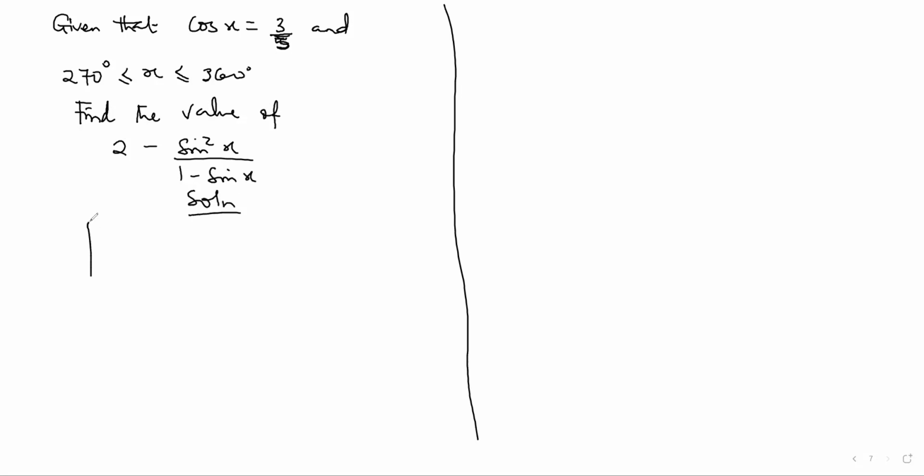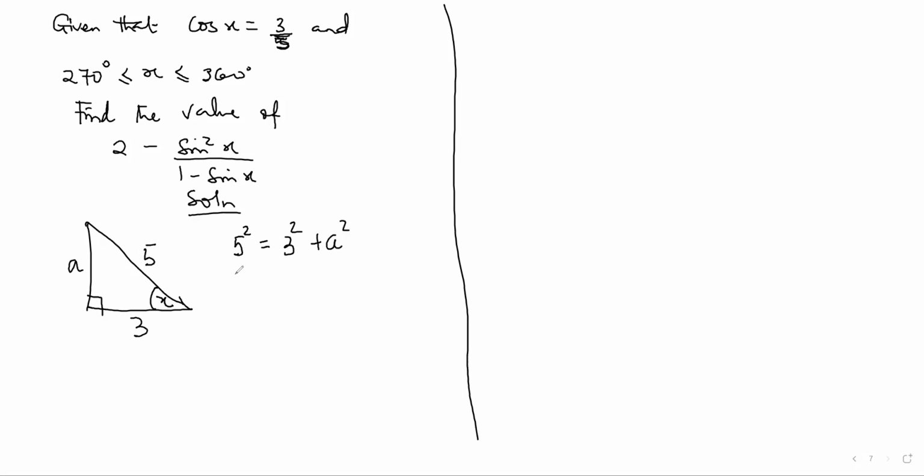So once again, the first thing you need to do is to draw the right angle triangle. When you put your x here, cos is adjacent over hypotenuse. So this is 3 and hypotenuse will be 5. So your duty is to go and find the opposite. So once again, hypotenuse squared, using Pythagoras theorem, is equal to 3 squared plus a squared.